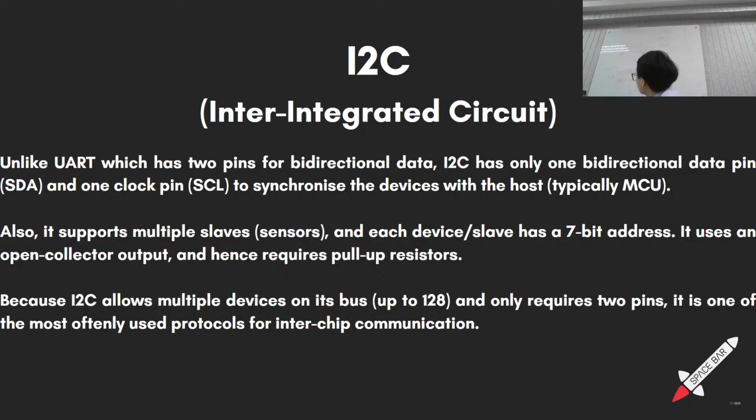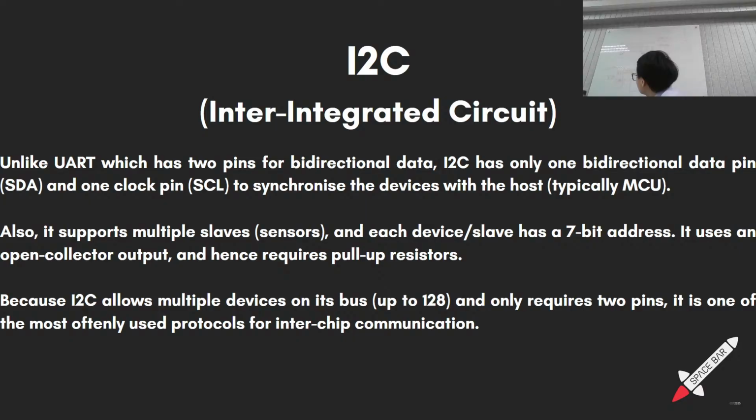On some devices, there are other pins to configure the address. Maybe you have an address pin. If you pull it to 3.3 volts, usually with a resistor, the address will change for the device, and if you put it low, the address will be 76, for instance.